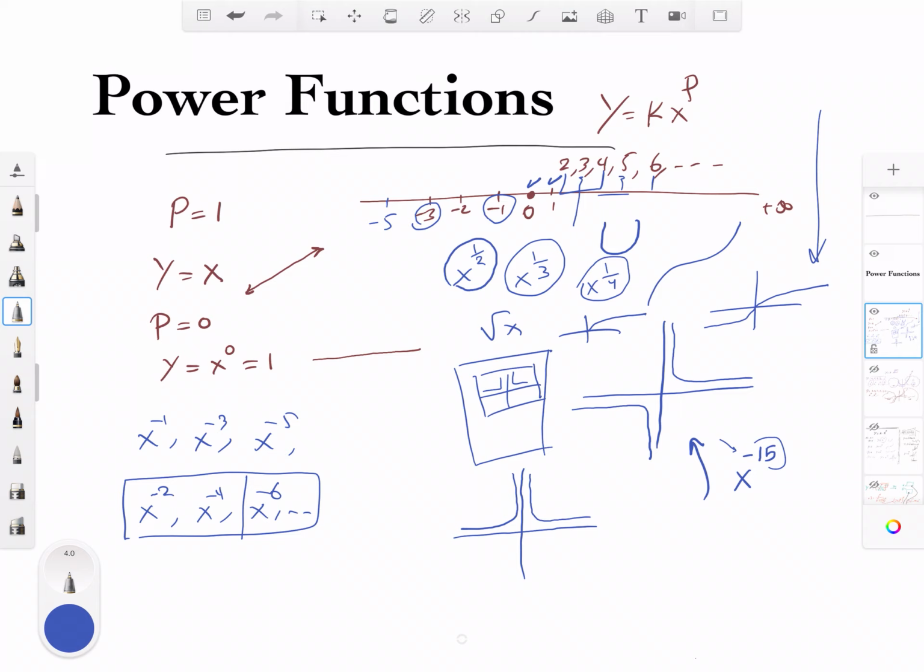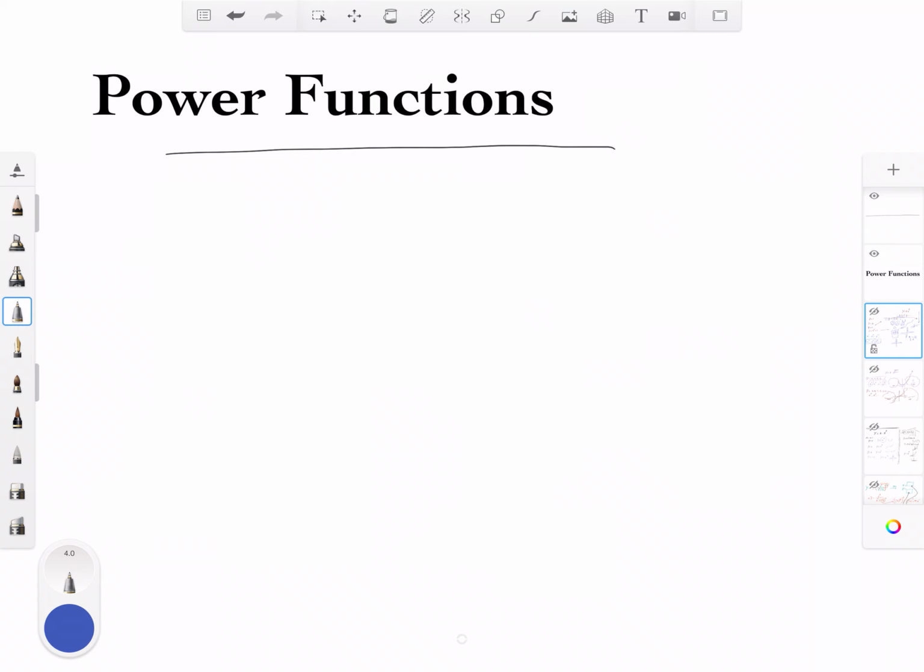All right, let's have some exercises. I give you a power function like y equal to x to the power -10. I give you 2, and y equal to negative x to the power of 10.